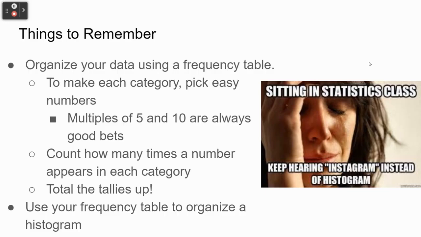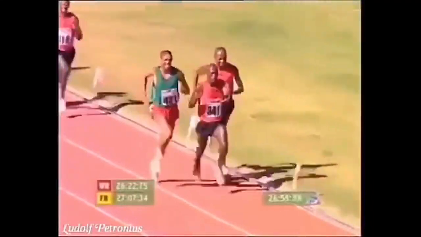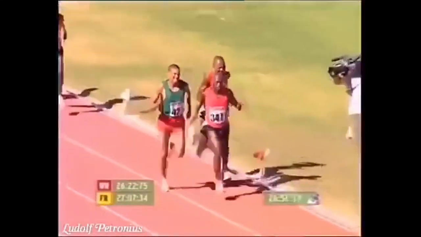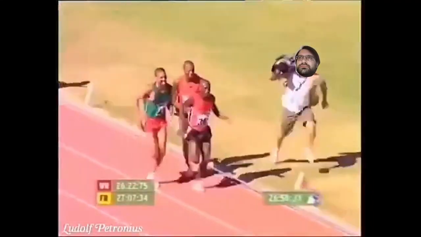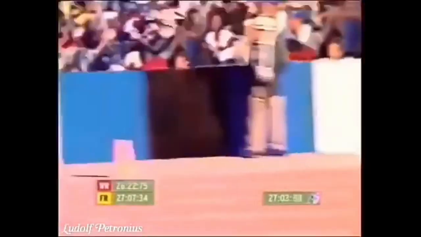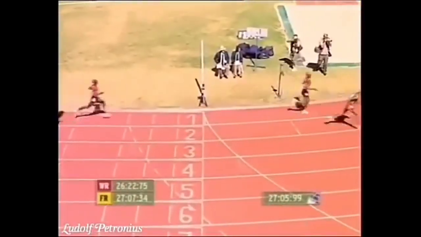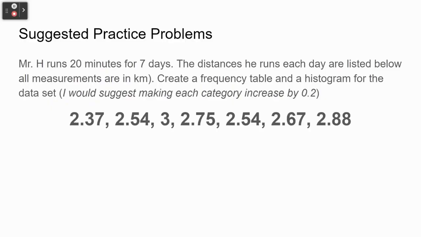So your suggested practice problem for today, it's the same thing that it has been for the past couple of videos. Mr. H runs 20 minutes for 7 days. The distance he runs each day are listed below, which are all in kilometers.